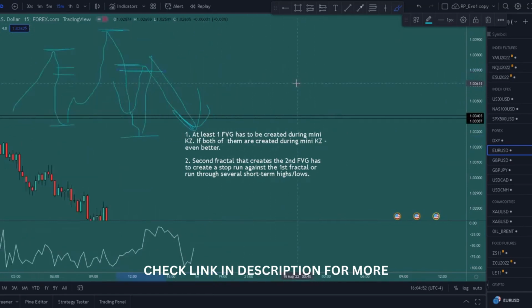Or, so this is the first example, right? Or we have, let's say, a high and then lower, and then we have several, 2 or 3 short-term highs, and then price goes above. It doesn't have to go above this high, but it goes above maybe this high here, right? Also, there's an imbalance here, so it comes back down.